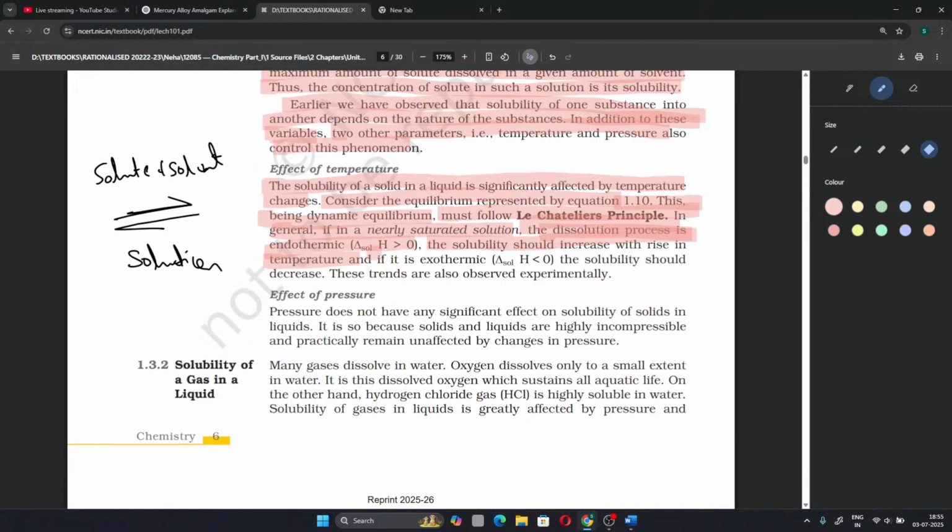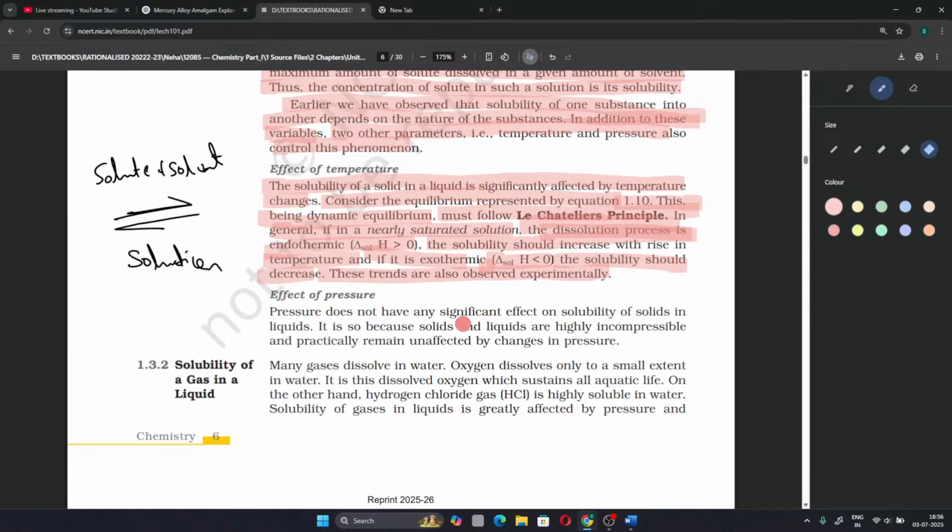And in the case that it is exothermic, when it dissolves in water, it will release energy. In such a case, ΔH should be lower than 0. It is releasing energy, a loss of energy. Then the solubility should increase with decrease in temperature. These trends are also observed experimentally.